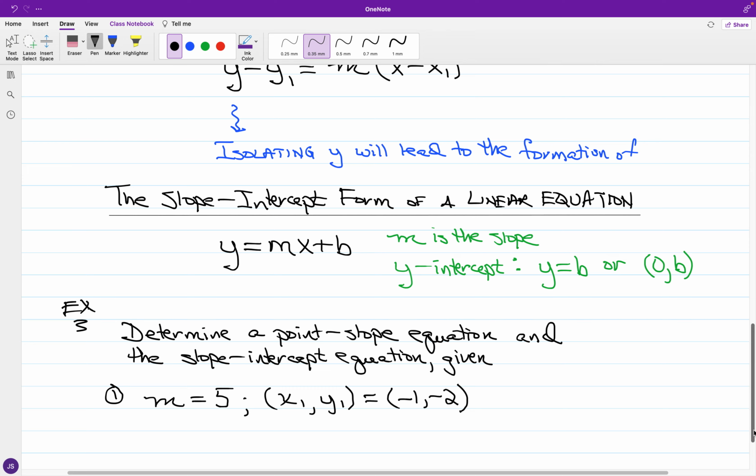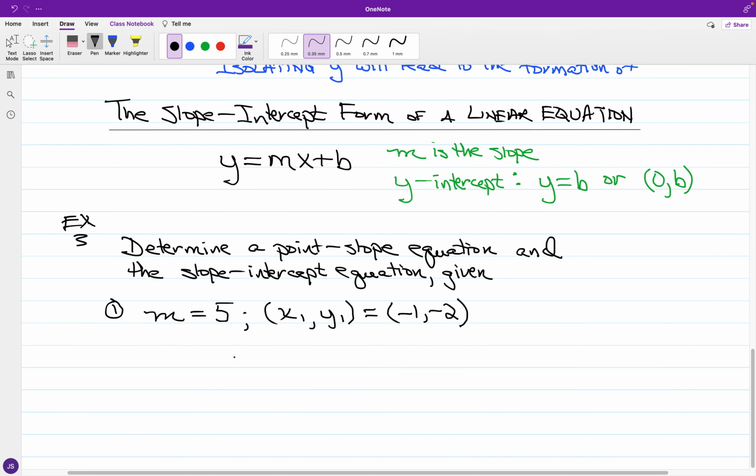This is what we have provided. So the slope is given, and the point through which the line passes is given at (-1, -2).